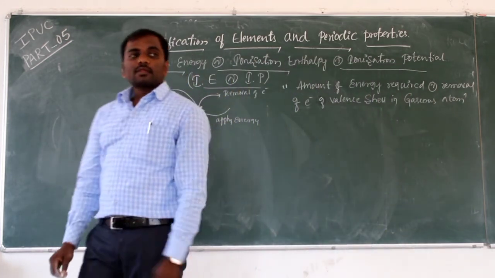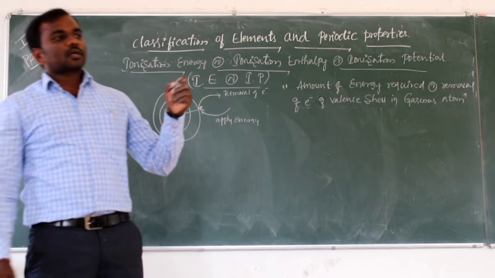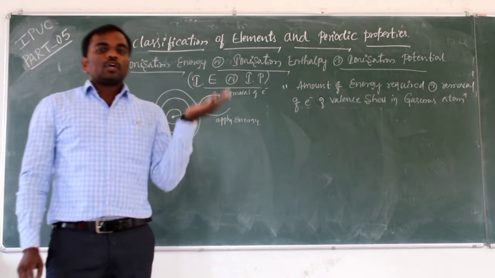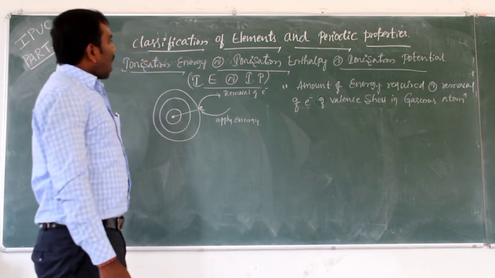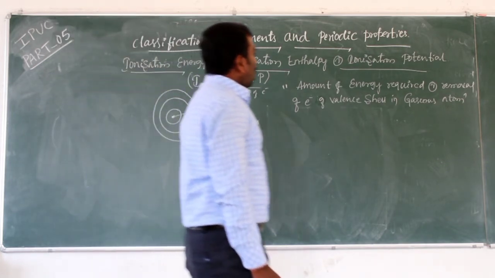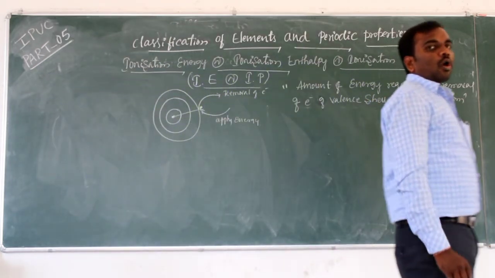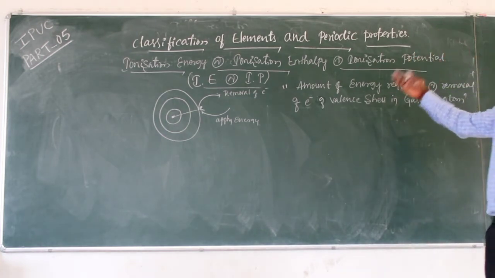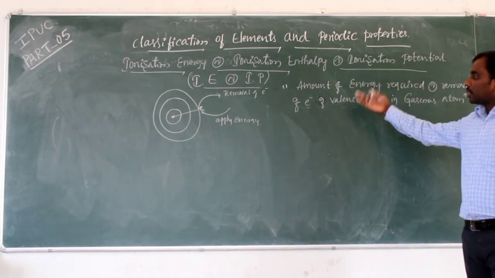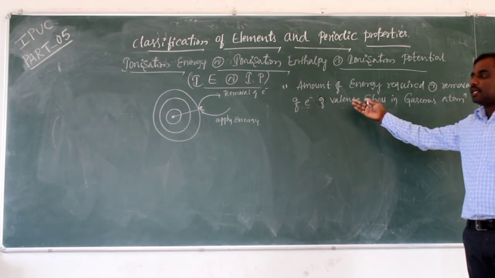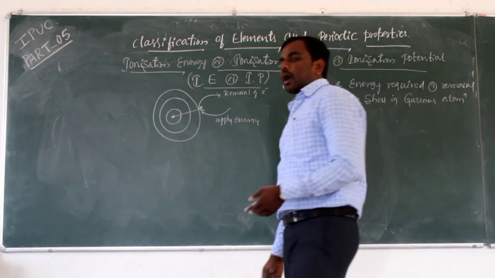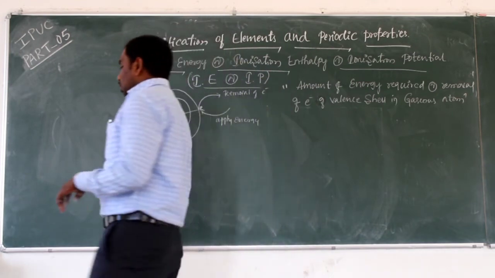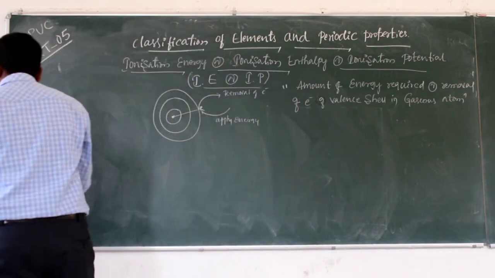The process of removing the outermost electron from a gaseous atom is called ionization enthalpy, or ionization potential, or ionization energy. Okay, see what happens along the period and down the group.